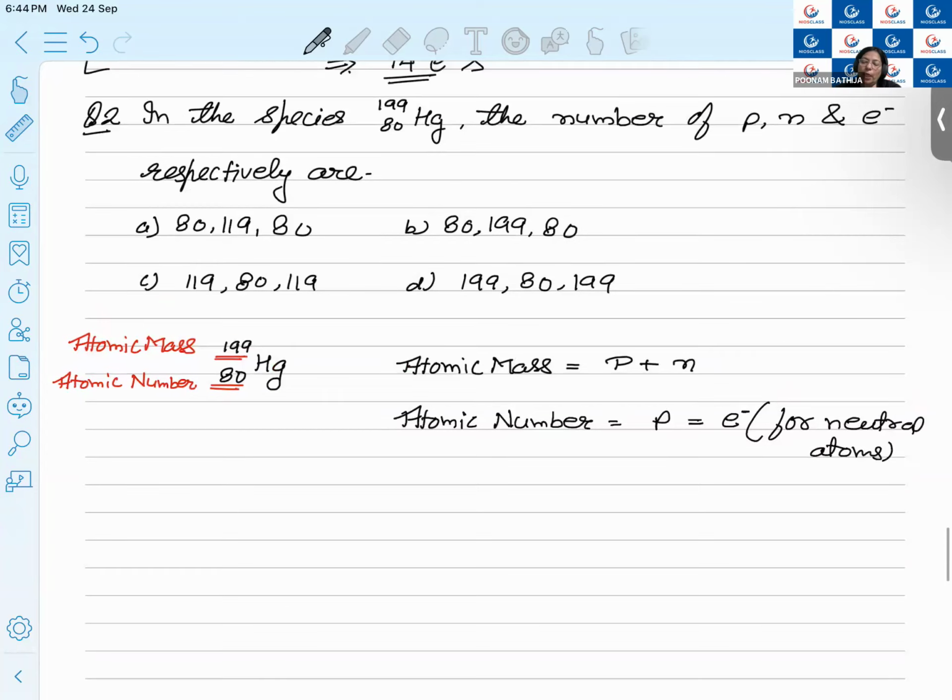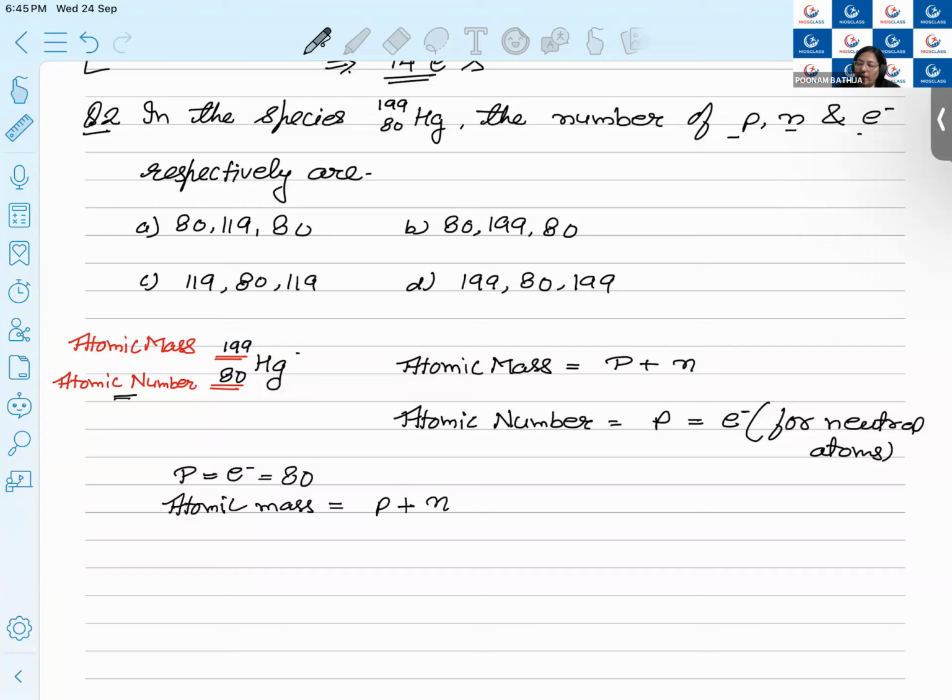Now see the question again. The number of proton, neutron, and electron. Okay, because there is no charge, the proton and electrons are equal here. Proton and electron, that is atomic number, that is 80. Okay, and neutrons to be calculated as atomic mass is equals to proton plus neutron.